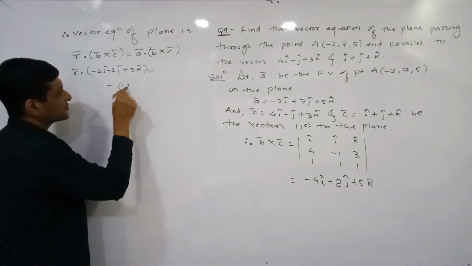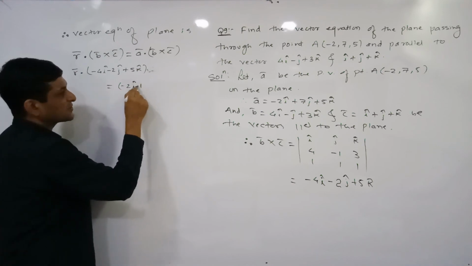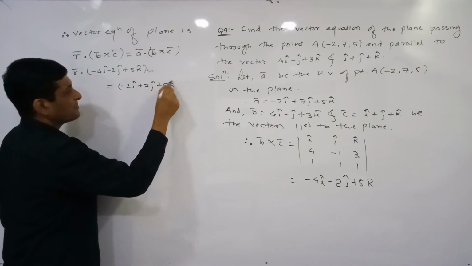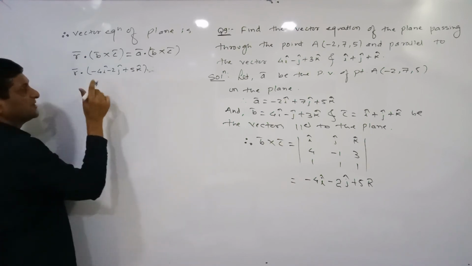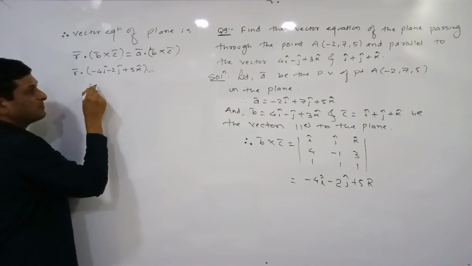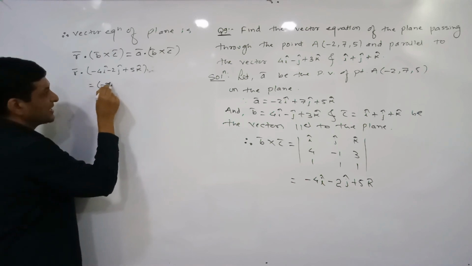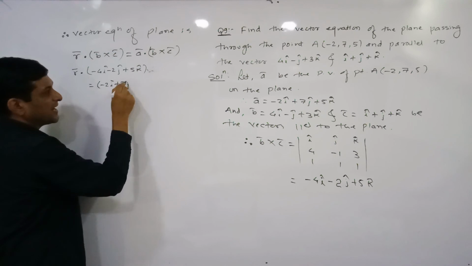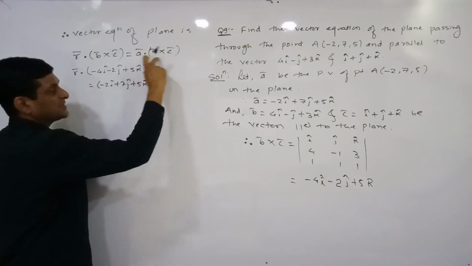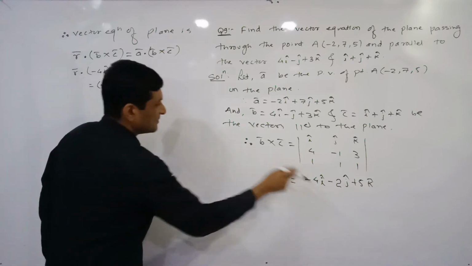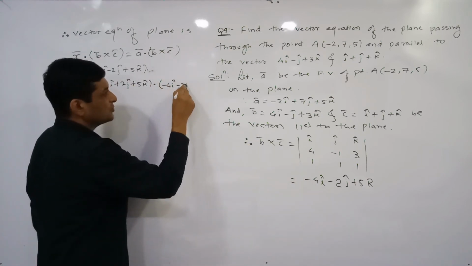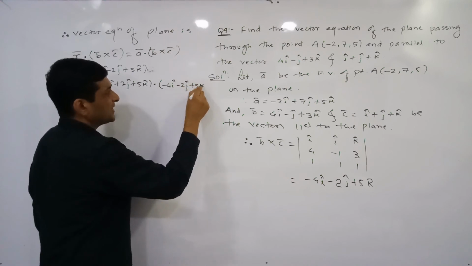A bar means -2 I cap plus 7 J cap plus 5 K cap. Keep this dot as it is, then substitute the value of B bar cross C bar, that is -4 I cap minus 2 J cap plus 5 K cap.